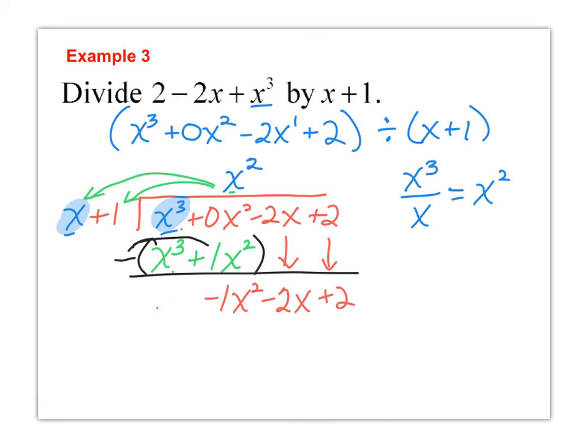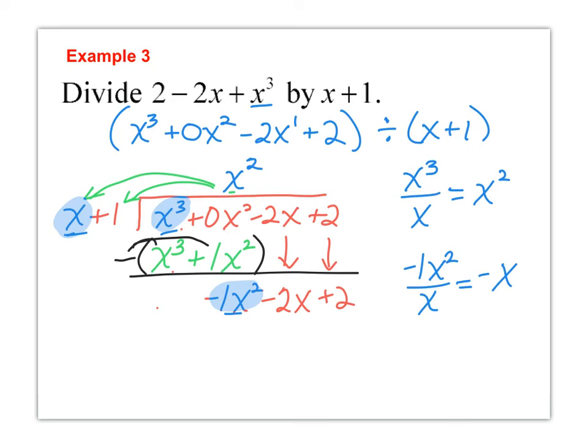Now we're going to take the first term here and also divide it by the first term here. So that looks like taking our negative 1x squared and dividing by x. Take the first term here and divide it by the first term here, and we can simplify that to negative 1x, or just negative x.